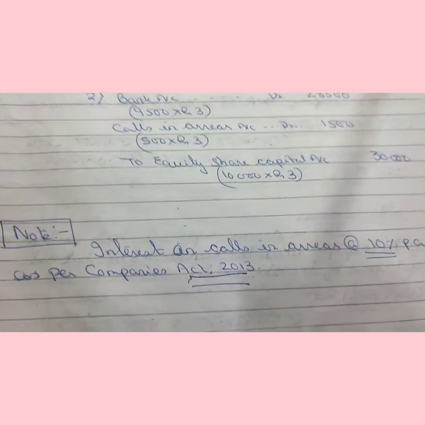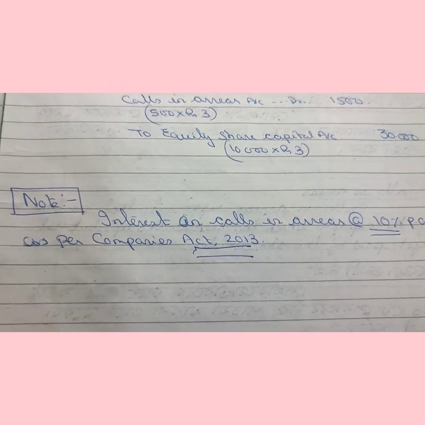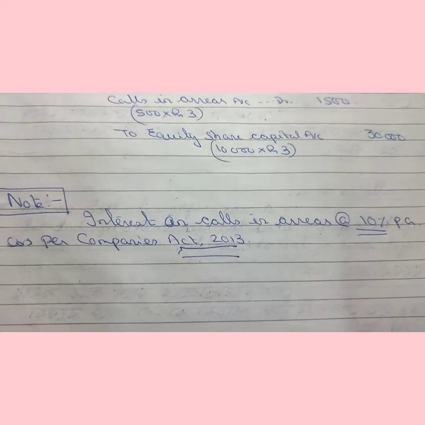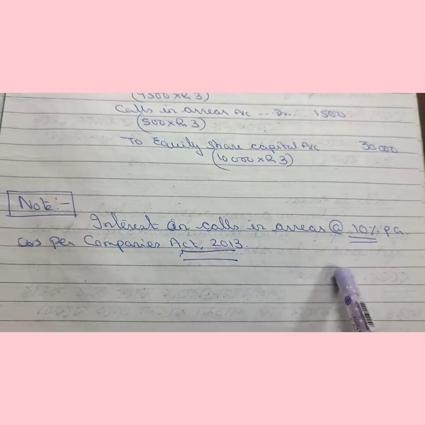Now you have to remember one thing: interest on call-in arrear. Now, if a shareholder is defaulter, company gives a chance to that person to pay that amount later on. If that person pays that amount, company may charge an interest on his call-in arrear.